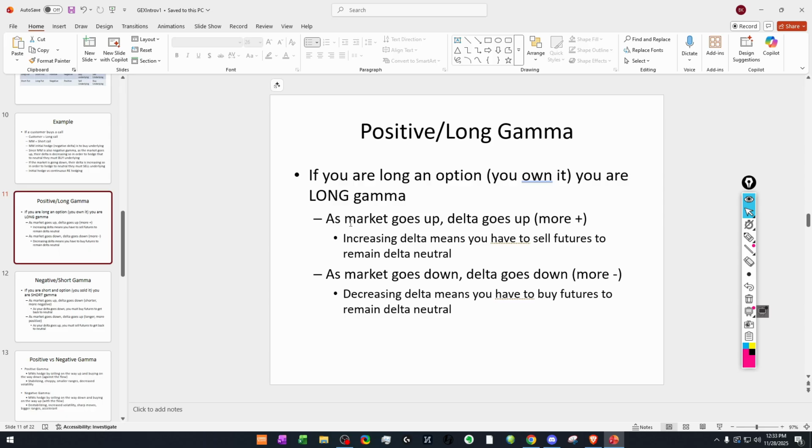So as the market goes up, the delta goes up. It's getting more positive, and because of that, you have to sell futures to remain delta neutral. As the market goes down, your delta position goes down. It's getting more and more negative. So the decreasing delta means you have to buy futures to remain delta neutral.